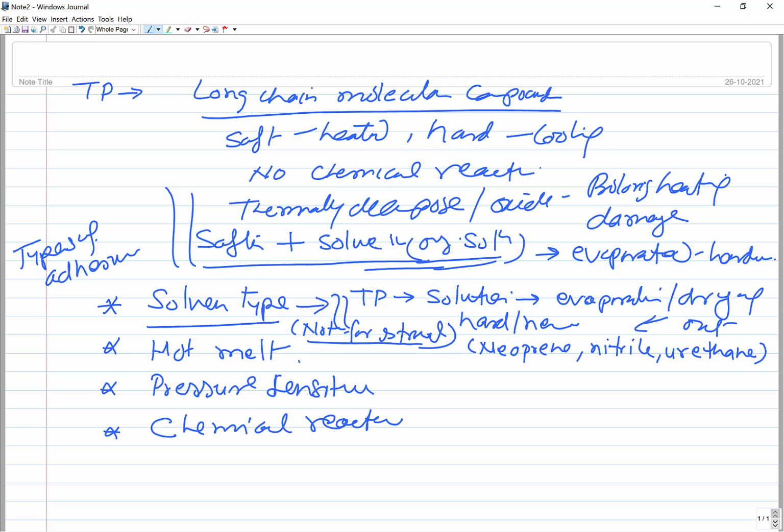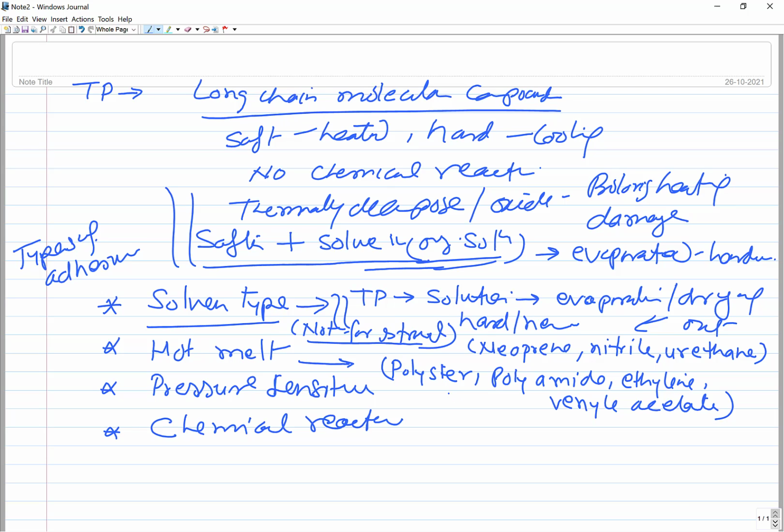In hot melt type adhesives, common examples include polyesters, polyamide, ethylene, and vinyl acetate. So these are the hot melt type.